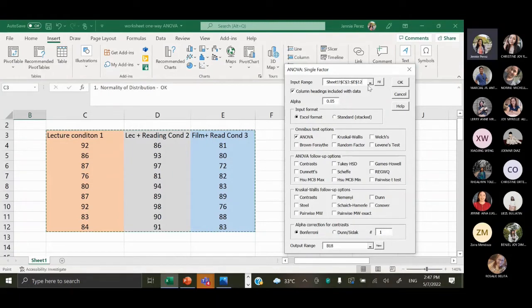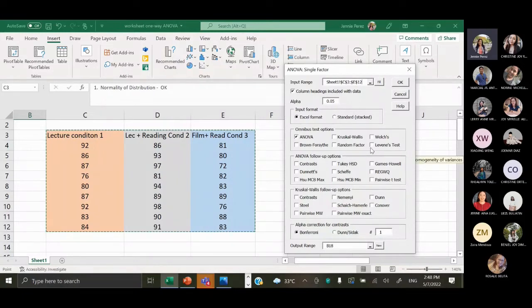Okay, so yan, nakapasok na. The range of our data is already filled in. And we have the input format, Excel format. Then we check ANOVA here for the omnibus test option, meaning to say, for testing of significant difference across all three groups, we check ANOVA.